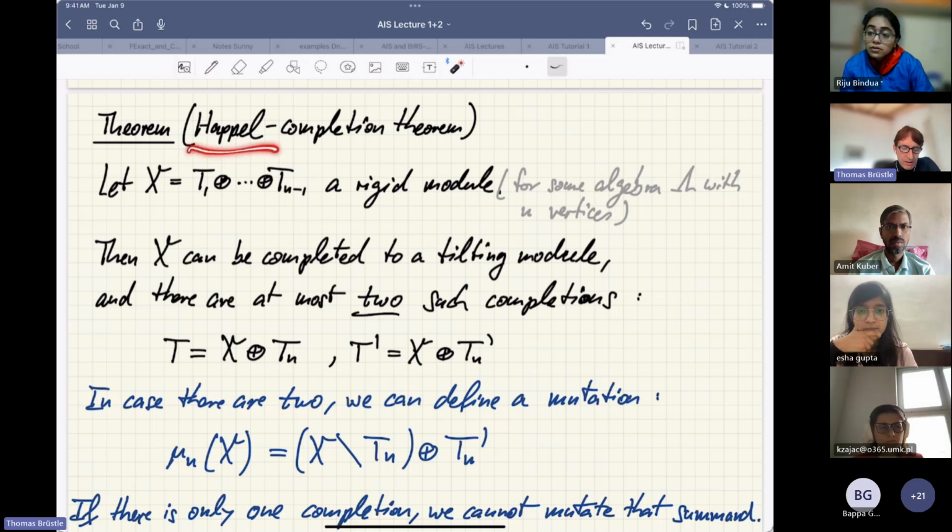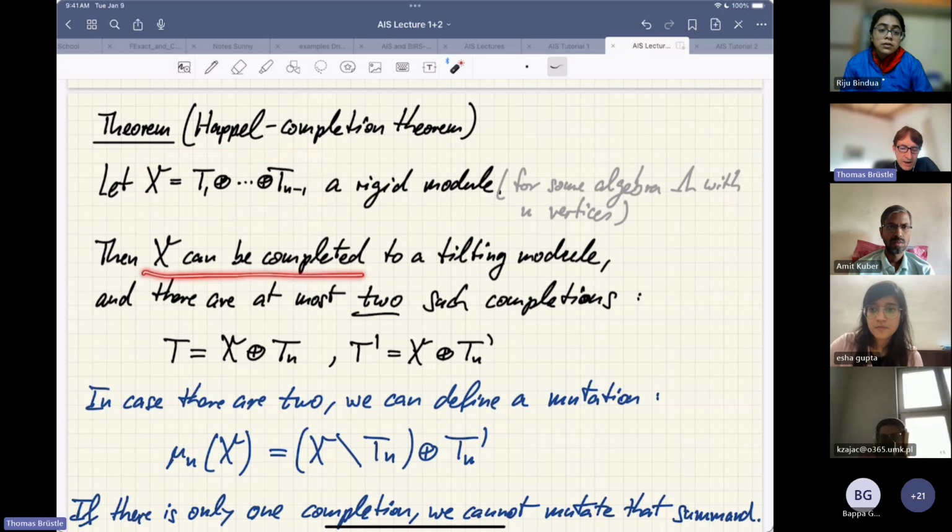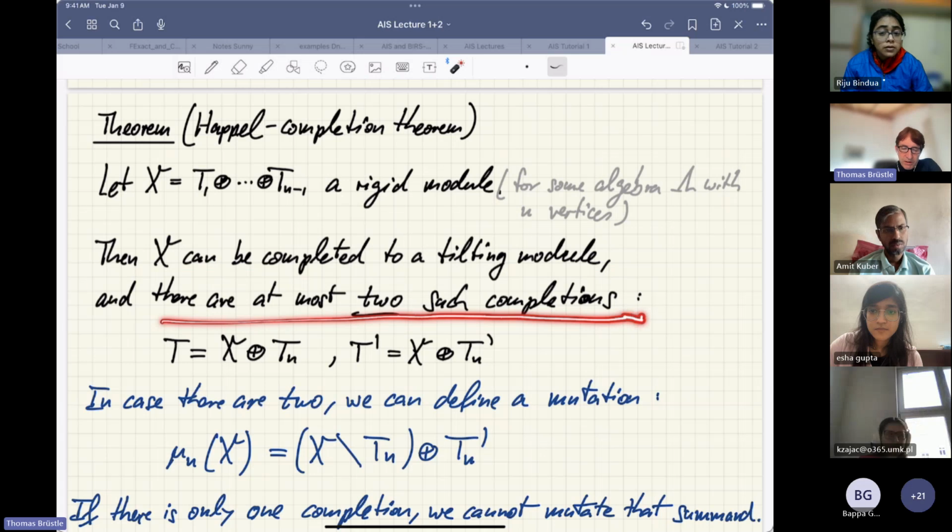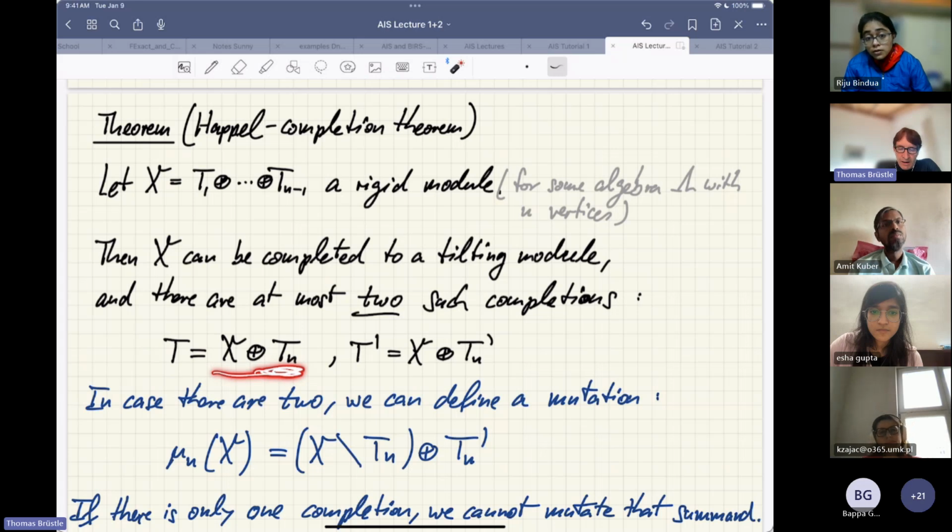And then Hubbell showed in the 80s that such an almost tilting module can be completed to a tilting module, and there are in fact at most two such completions possible. So I get a tilting module T by adding a summand T_n to this X, and maybe there's another way to complete it to a tilting module by adding another summand T_n prime. Now let's relate this to our cluster theory.